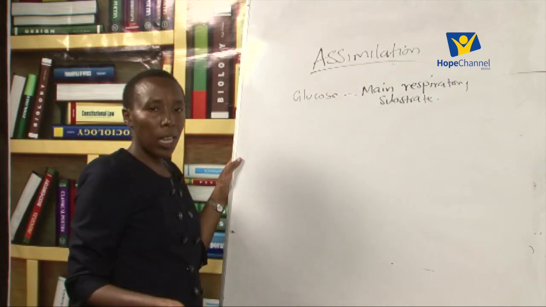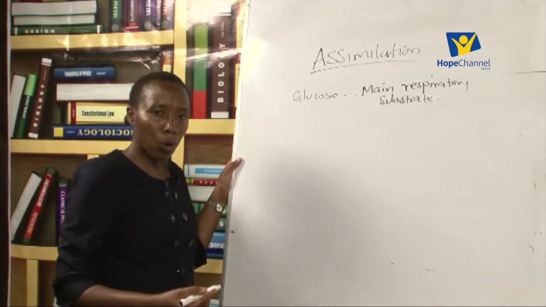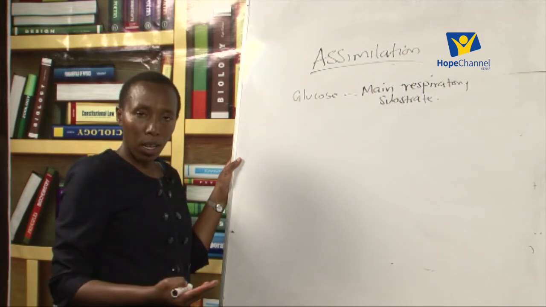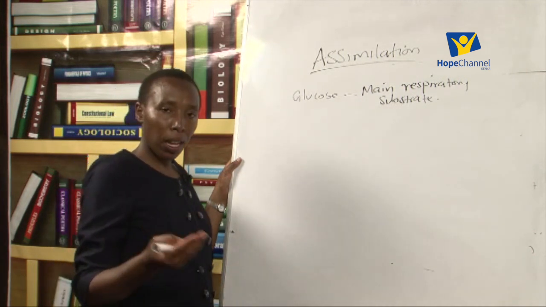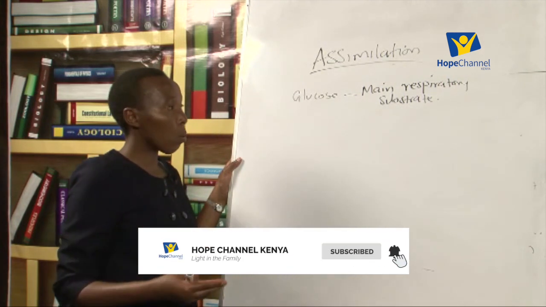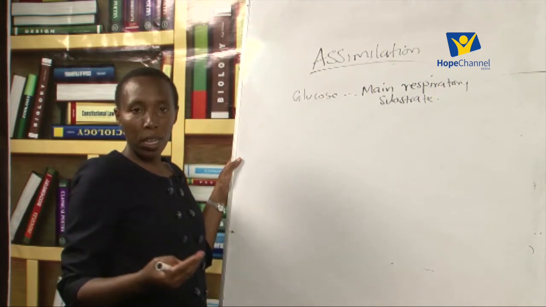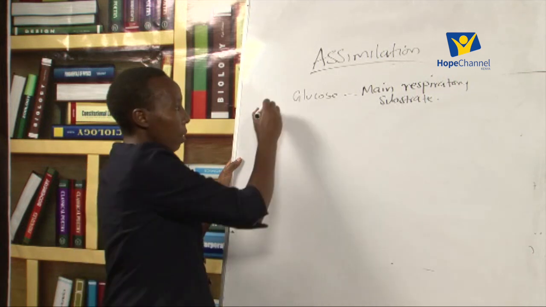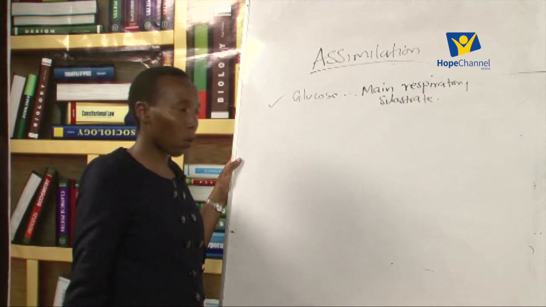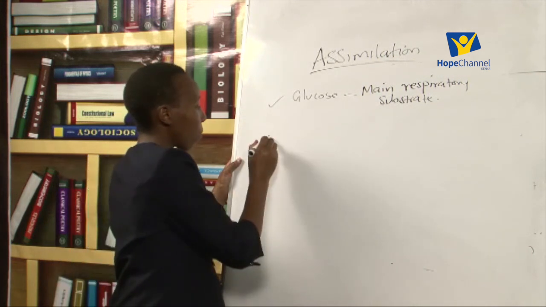And of course, we said the other time that excess glucose is converted to fats and stored in the adipose tissue that is beneath the skin. Some of the excess glucose is converted to glycogen, which is stored in the liver. That is about glucose. Yes, it has been transported to various parts of the body. That is how it is used.